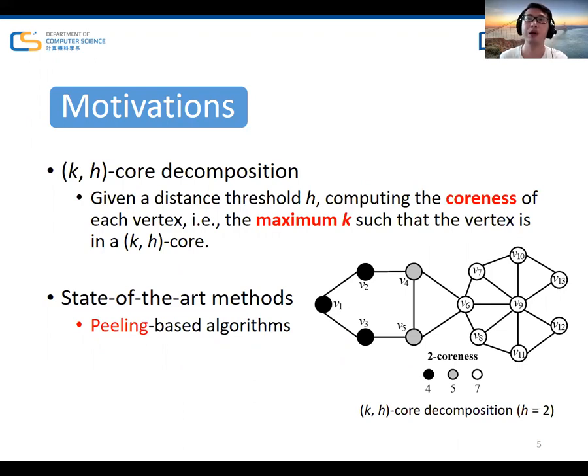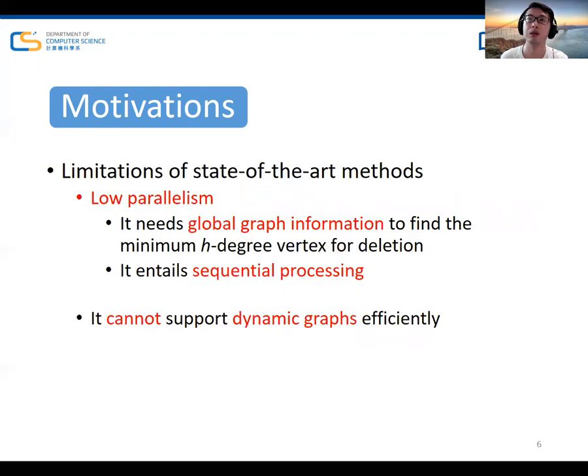The (k,h)-core decomposition can facilitate many applications. For example, we can use the coreness to build indexes for community search. The state-of-the-art methods for (k,h)-core decomposition are peeling-based algorithms, which iteratively delete the vertices having the minimum h-degree. But these algorithms suffer from two major limitations.